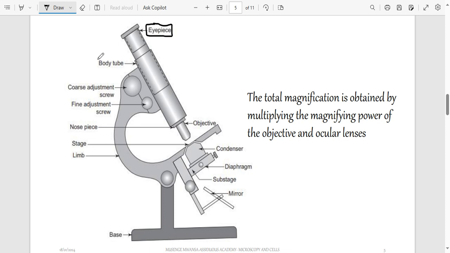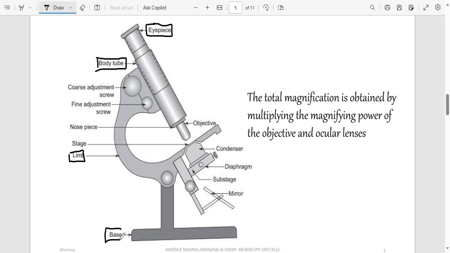You also have the body of the microscope. You also have the limb. I can also describe this as the body in some books. This part known as the limb is used for holding the microscope.